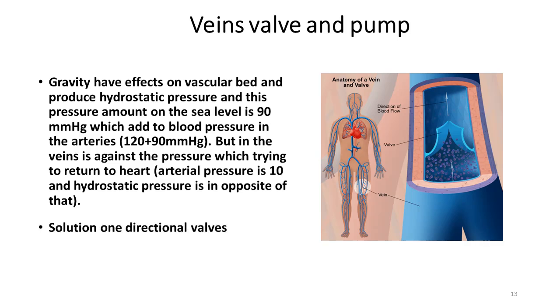For example, one-directional valves or vein valves are important in the veins, especially in the lower part of the body, in the feet, for venous return. How do these vein valves help venous return? As you can see in this figure, the valves are inside the veins, and the two sides of the valve are connected with each other by movement or contraction of muscles.